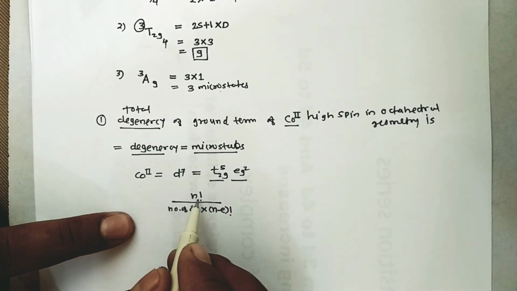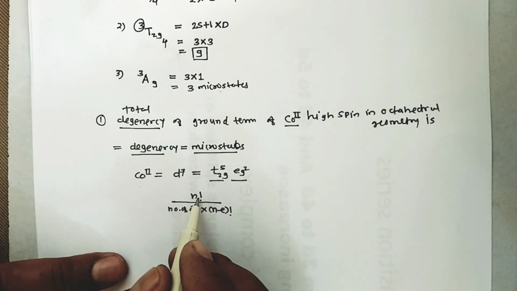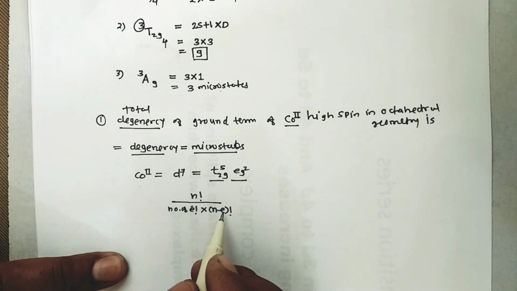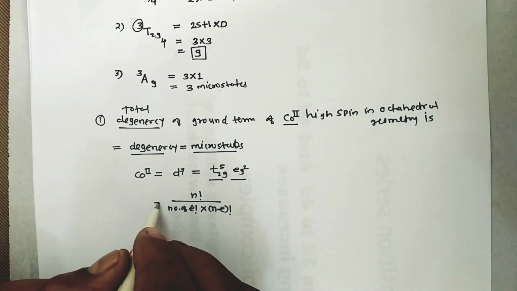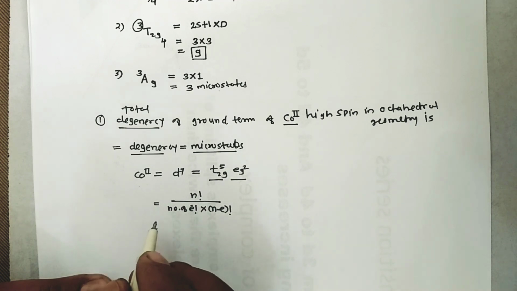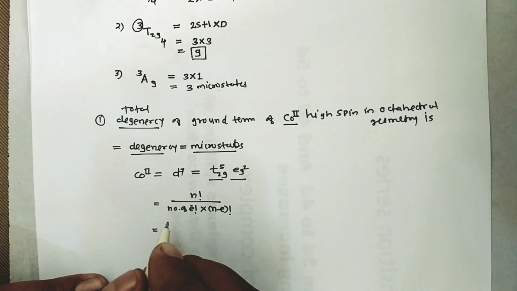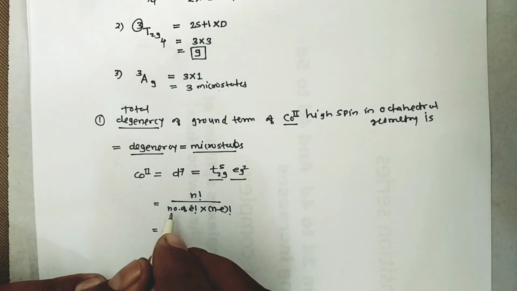We have seen n means the number of holes, divided by number of electrons factorial into number of remaining holes factorial.